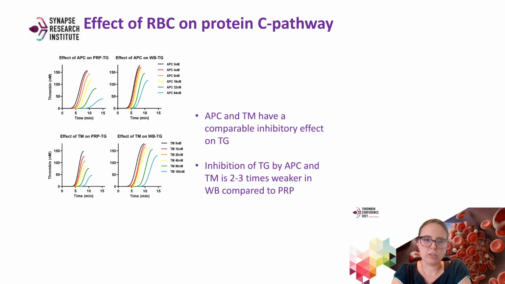Additionally, we saw that both for APC and for thrombomodulin, the inhibitory effect was 2 to 3-fold weaker in whole blood compared to platelet-rich plasma. For these experiments, the PRP and the whole blood were from the same donor, so the differences are not related to any of the coagulation factors.